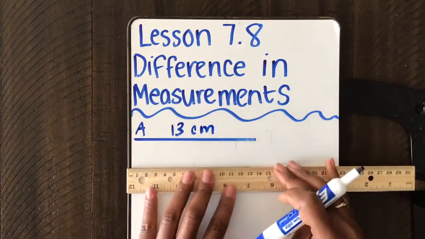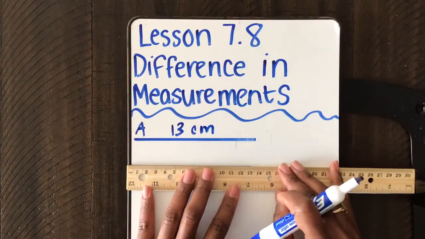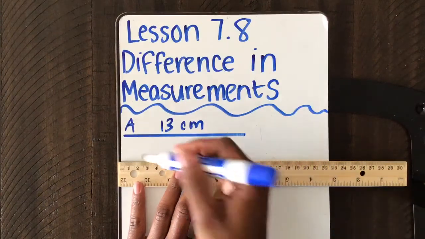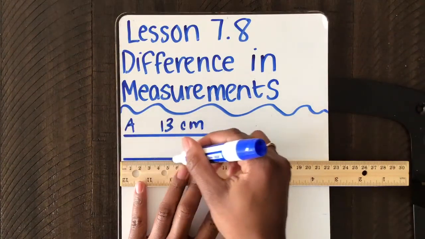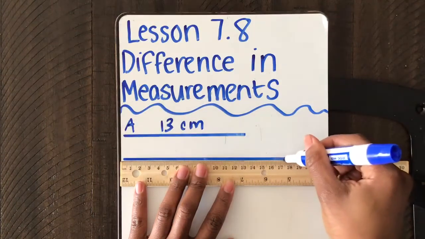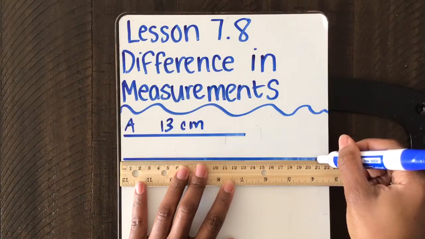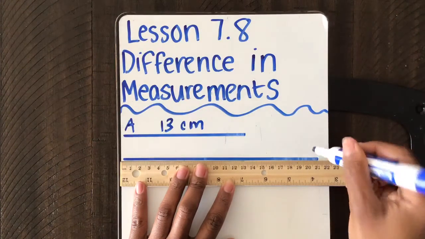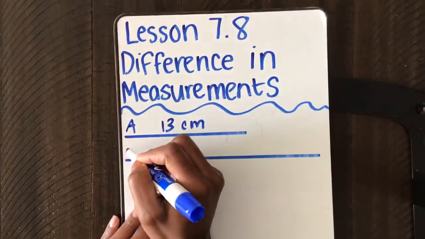Then I'm going to draw line B. Make line B 21 centimeters.